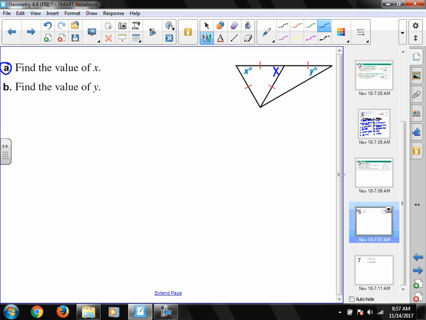So that means from my corollary that we just talked about, all angles are x degrees. Well, if I add all those up, I get that 3x is equal to 180. We know that all angles of a triangle add up to 180. Divide by 3, and get that x is equal to 60.